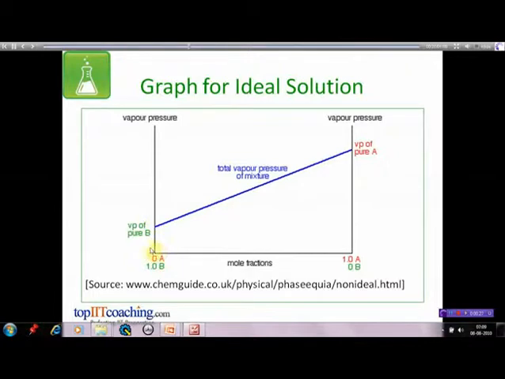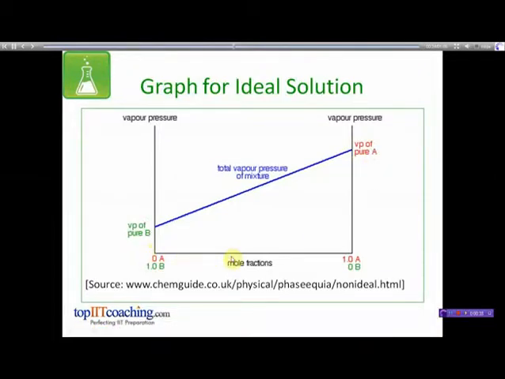This axis shows the vapor pressure of pure B component, and this axis shows the vapor pressure of pure A component. On this axis is plotted the composition of the solution in terms of mole fraction. At this end, the mole fraction of component A is 0, and here it becomes 1, where the mole fraction of B goes from 1 to 0.